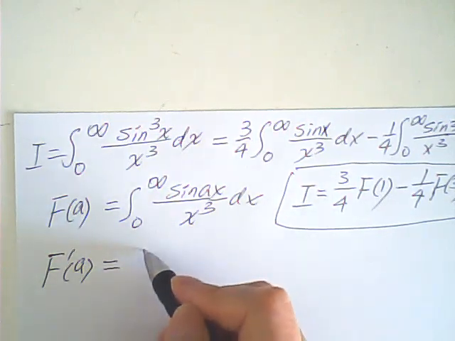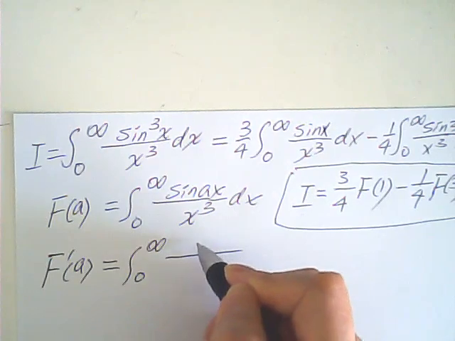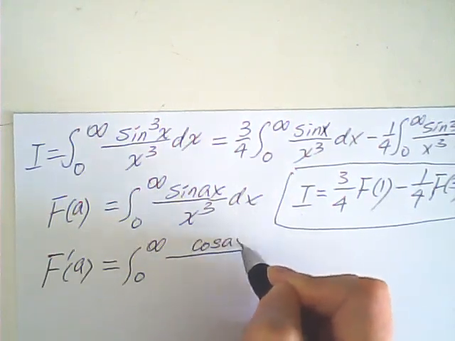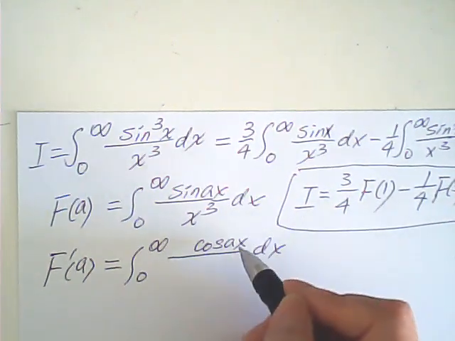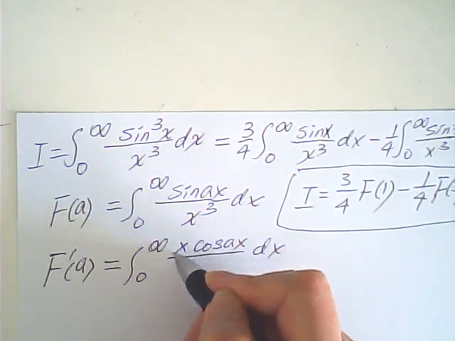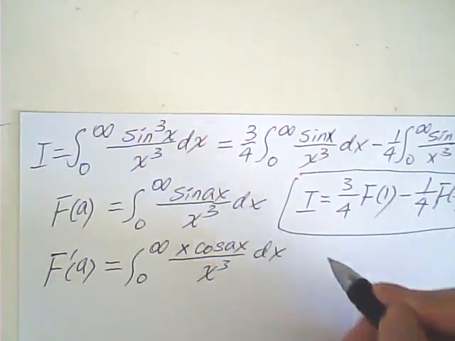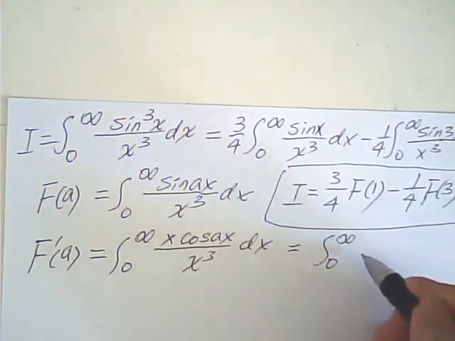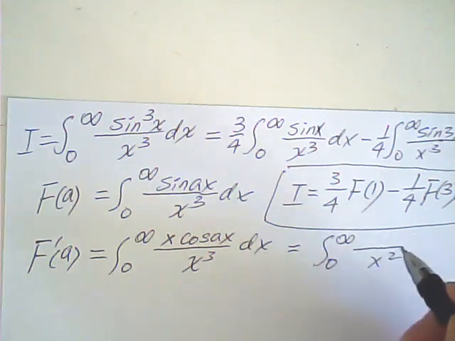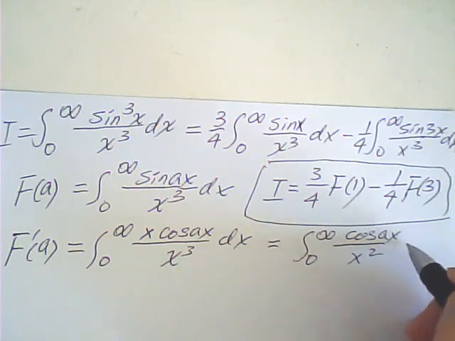So this is equal to the integral from 0 to infinity of cosine ax, because a is a variable and x is constant. We take the derivative of ax again, which gives x. So this one is equal to the integral from 0 to infinity of x squared cosine ax dx.